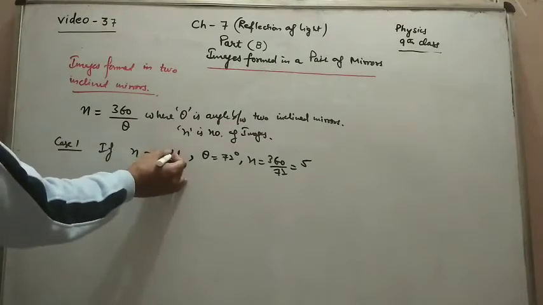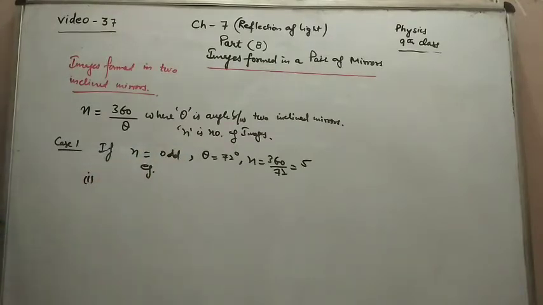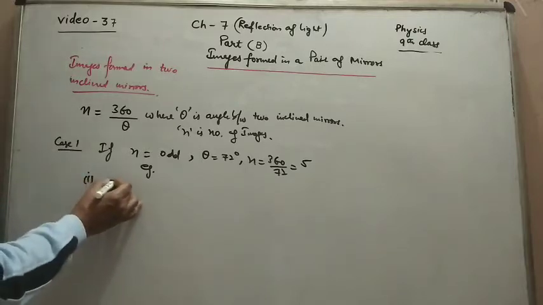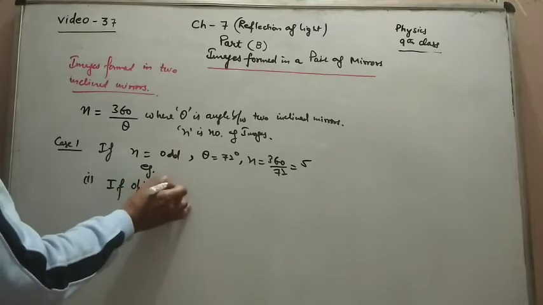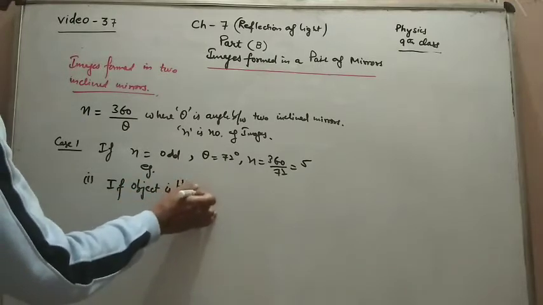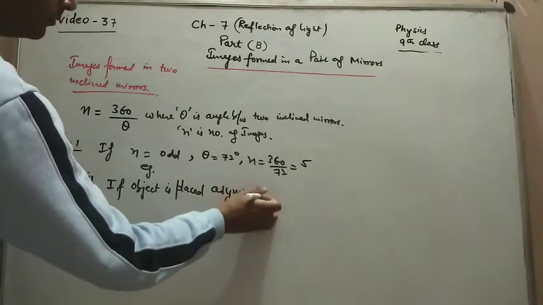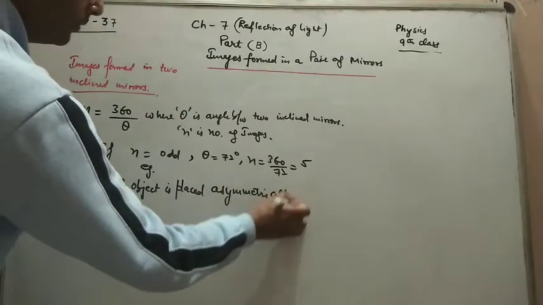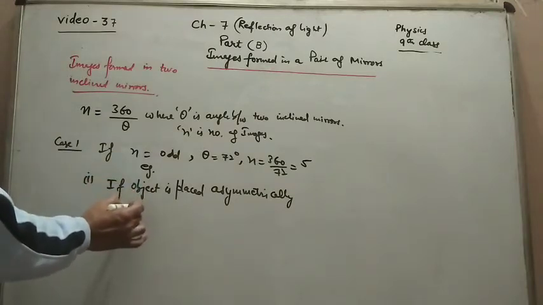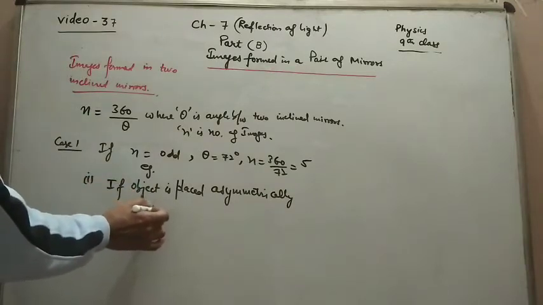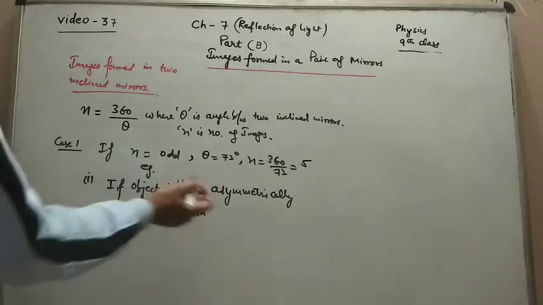If n is odd, then there will be two cases. If the object is placed asymmetrically between the two mirrors, then n will remain odd. There will be no change at all.